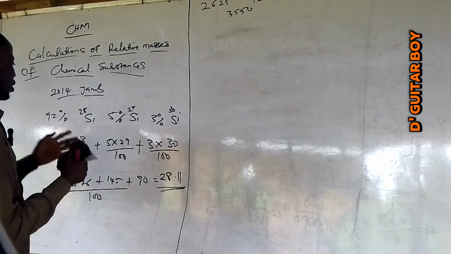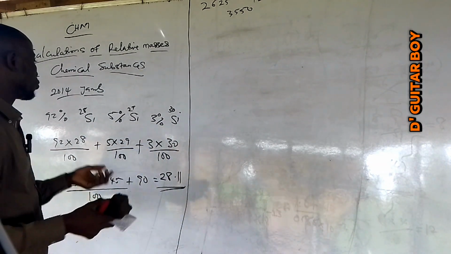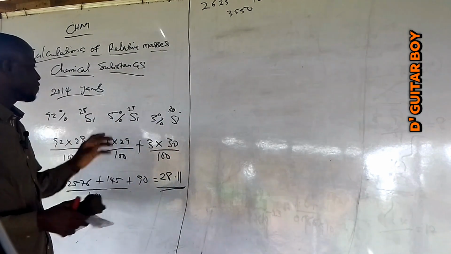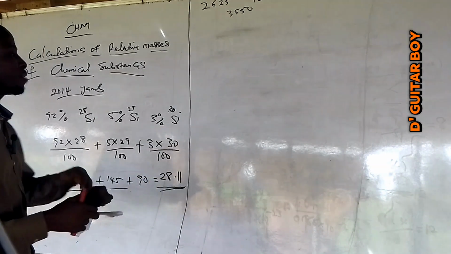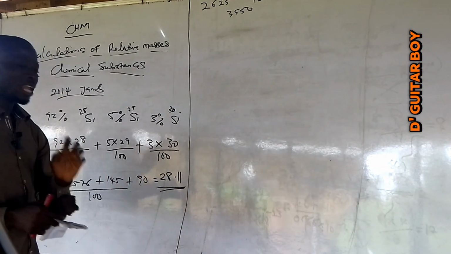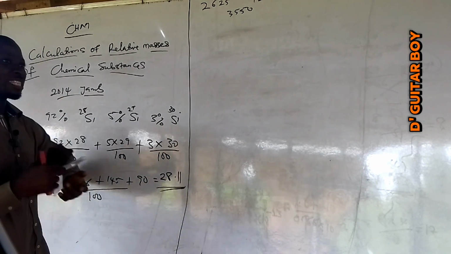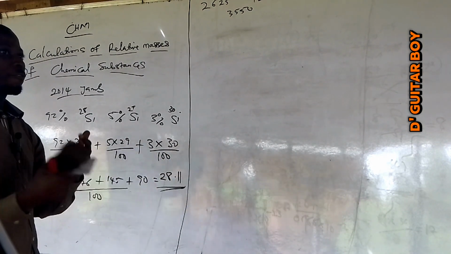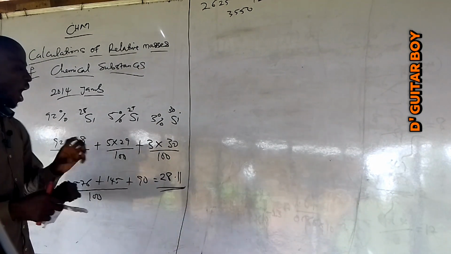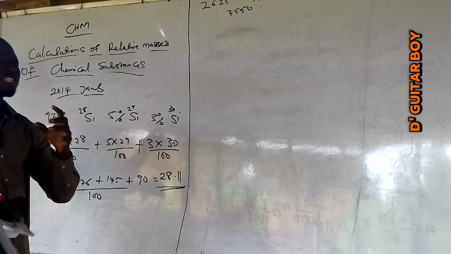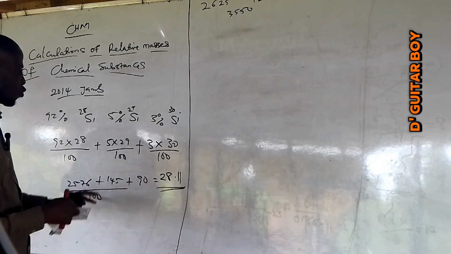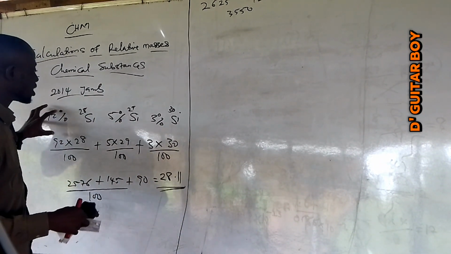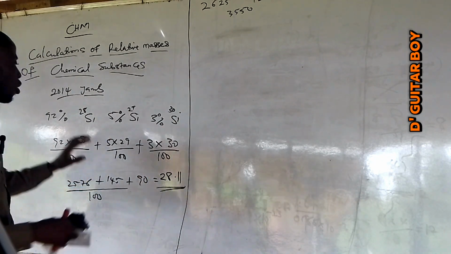I repeat again, if you have different isotopes, you wouldn't know which relative mass to tell anybody who asks about that particular element, because there are different types of that same element because of the isotopy phenomenon. So, to have one particular relative mass, you have to look for the average mass of the isotopes together.